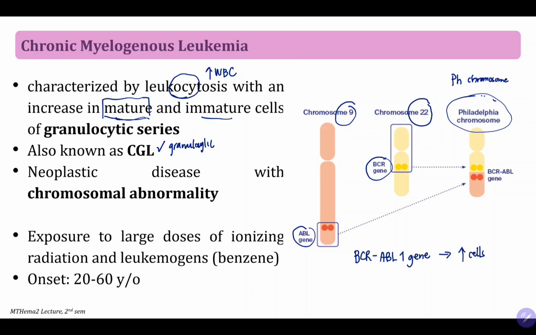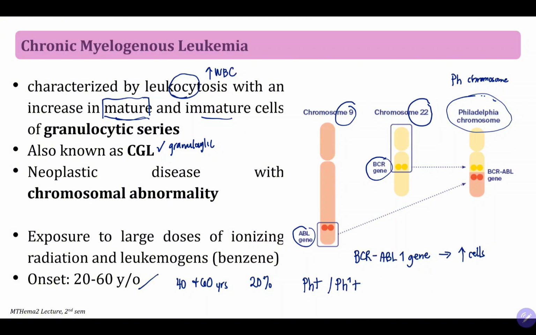Onset typically occurs 20 to 60 years old of age, with a peak incidence between 40 and 60 years old. Now, this age group accounts for approximately 20% of all leukemia cases, and patients are usually Philadelphia chromosome positive, so you can write it as PH positive, or in other references, pwede din PH1 positive. Okay?